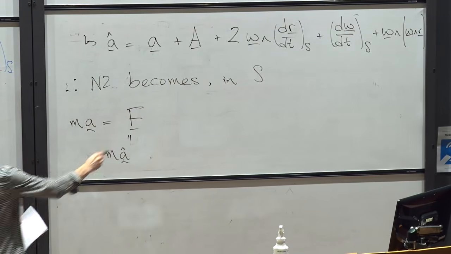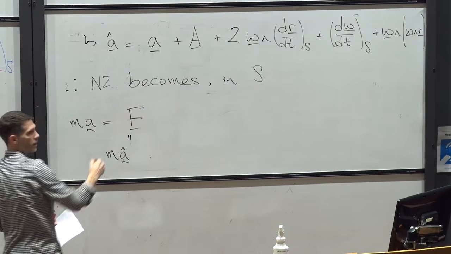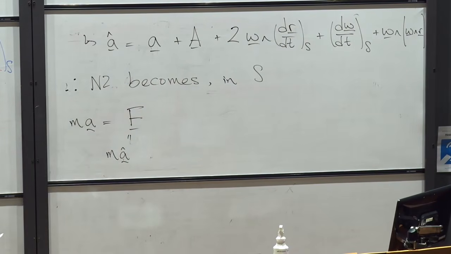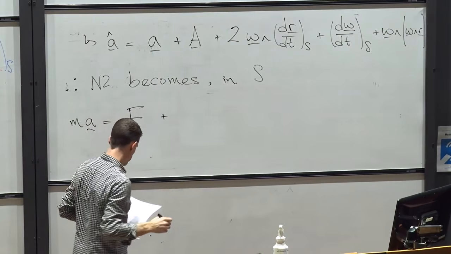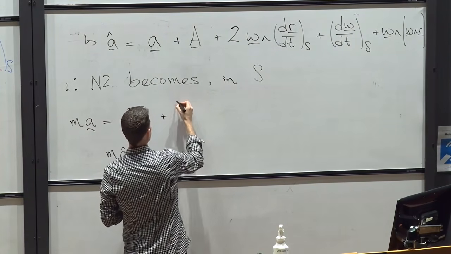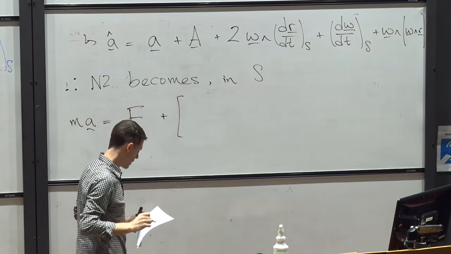In other words, this bit is Newton's second law proper in the inertial frame, and then we have to get all these extra terms, which I'm going to lump into a big bracket.